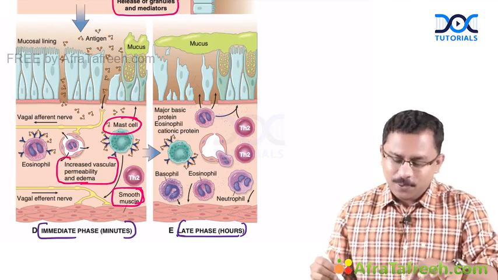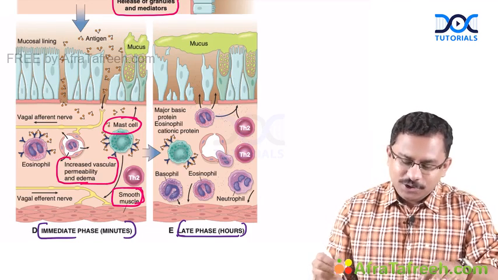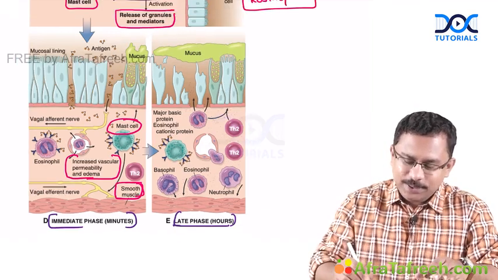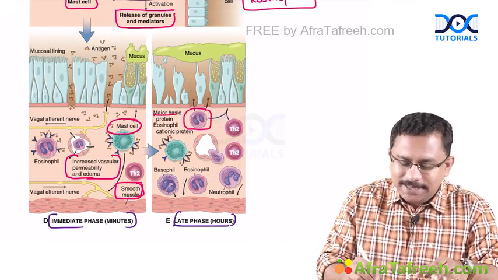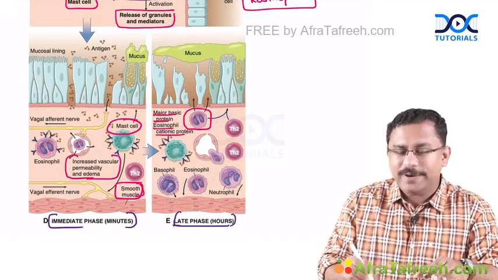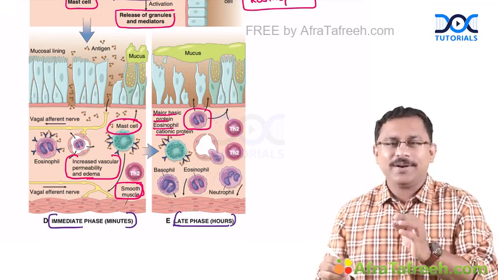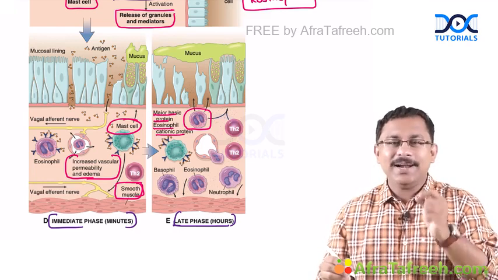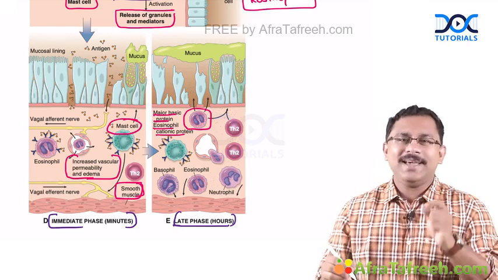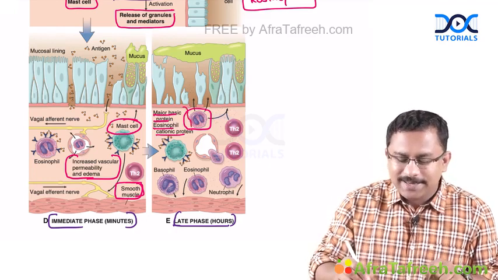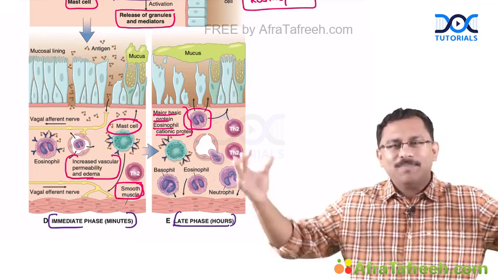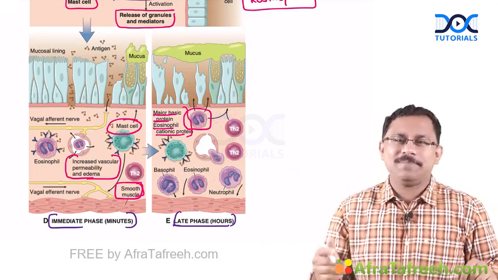Also, you can see the eosinophil here. It will cause release of major basic protein and eosinophilic cationic protein, because I already told you there are certain mediators which are very important in asthma pathogenesis. So when these mediators are released, it brings more and more cells into the picture.